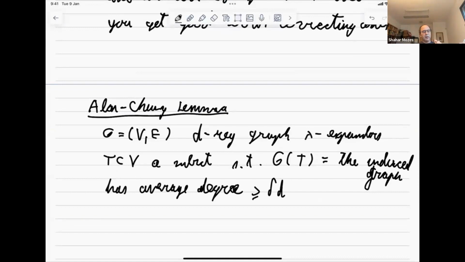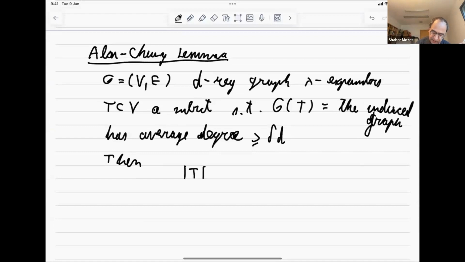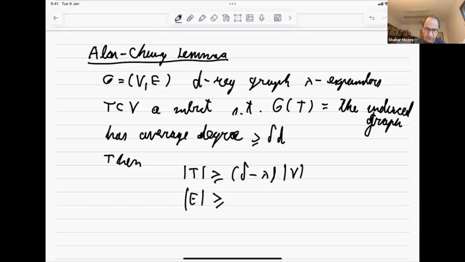If each vertex of T has delta times d neighbors in the original graph, then the size of T is at least delta minus lambda times the size of V. And also, of course, you have lots of edges, because the average degree is large, so it's delta minus lambda times delta times d times the size of V. This is an extremely useful lemma.